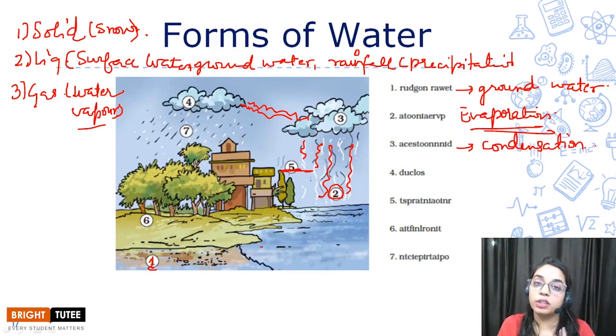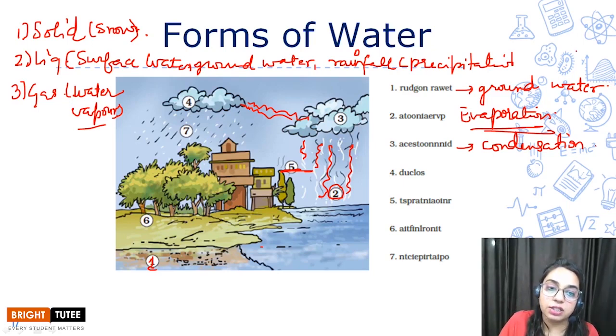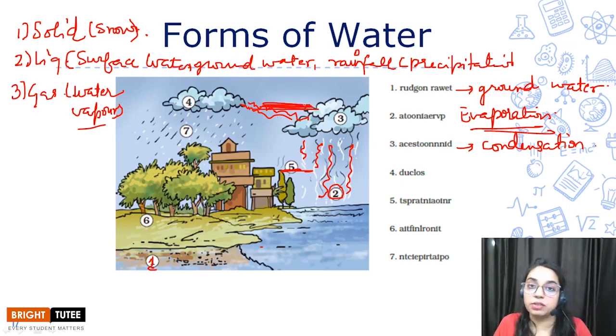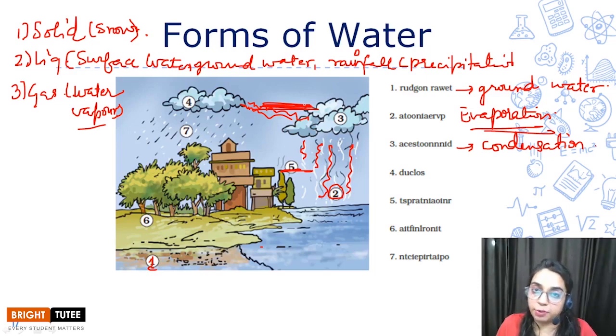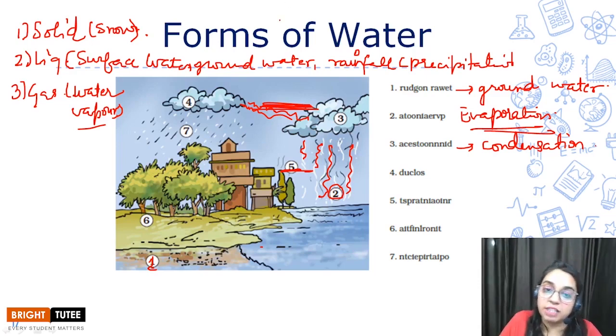Condensation means when water vapor is cooled down, because when the water vapor has reached this level in the sky, the temperature is very low, and when the water vapor is cooled, it is converted into a liquid form, and the process is known as condensation. And this process of condensation results in the formation of clouds, right?